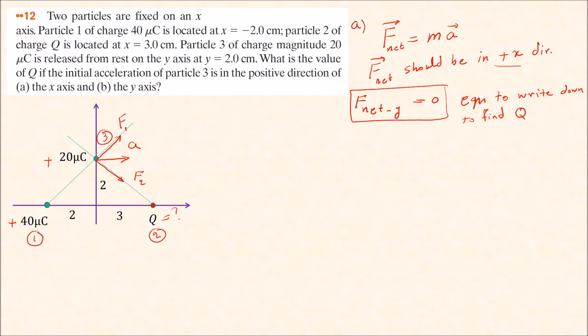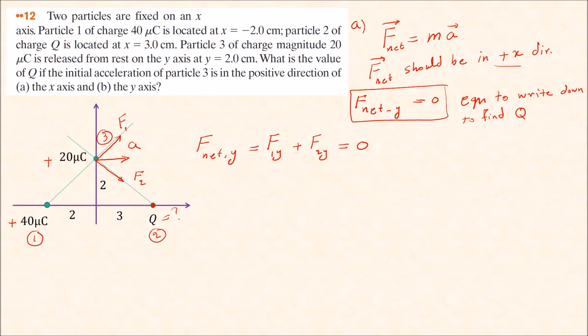All right. So the condition to be set is the y component to be 0. So we find the sum of the y components, F net y, which is F1y plus F2y, should be equal to 0. Okay, how do I find F1y and F2y? First, we need to find F1 and F2.